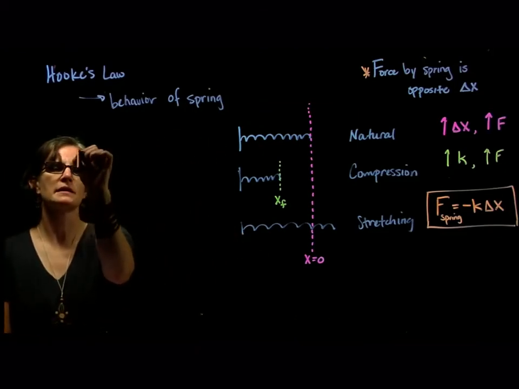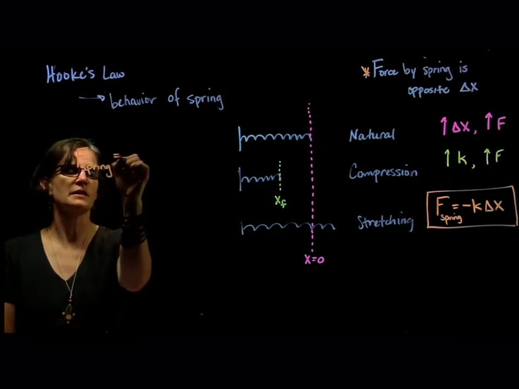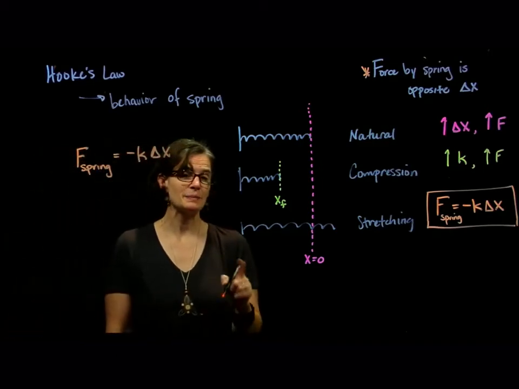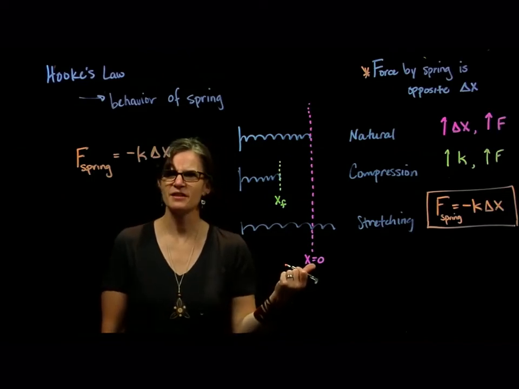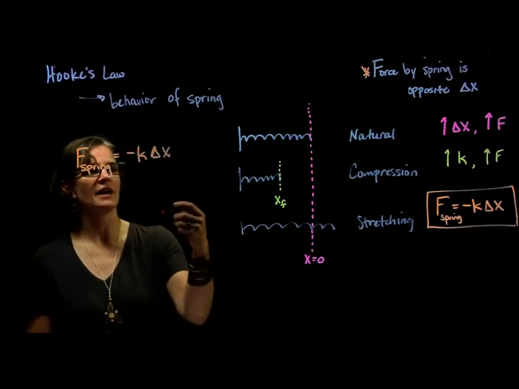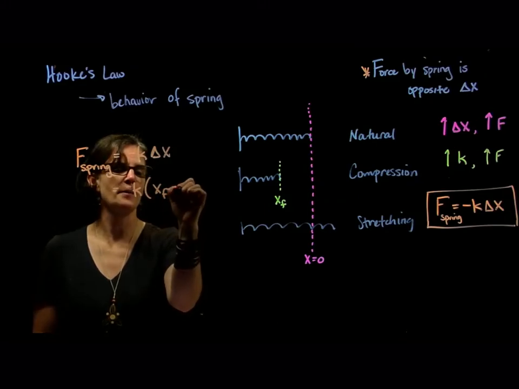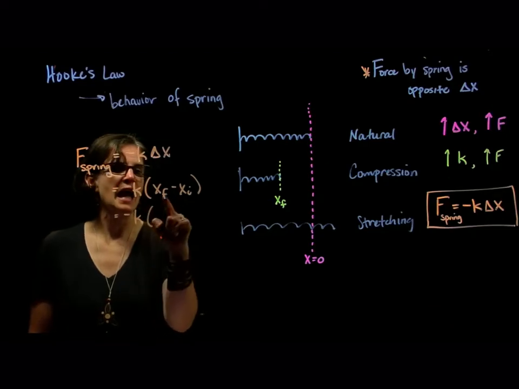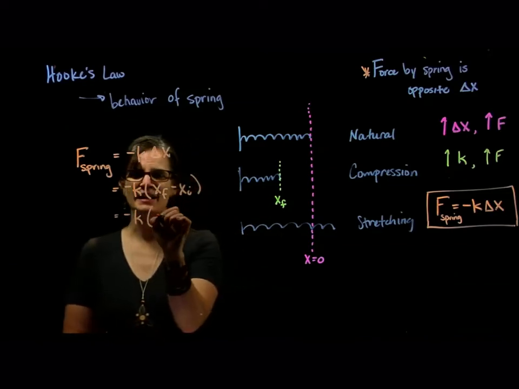The force by the spring is equal to minus K delta X. We expect this force to be in what direction? To the right. So let's see if this relationship works. Well, my X final is to the left of 0. So negative K, X final minus X initial is delta X. X final is to the left of the origin, so that's a negative value.